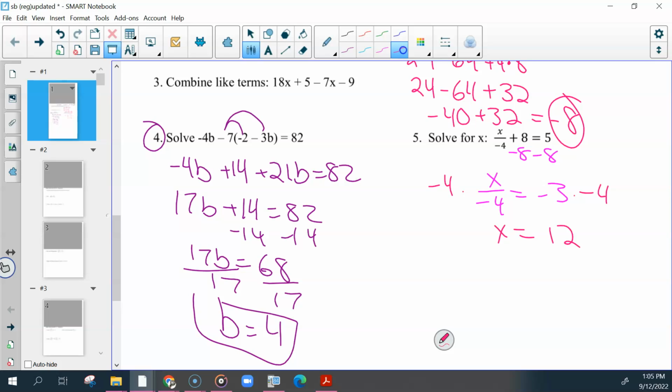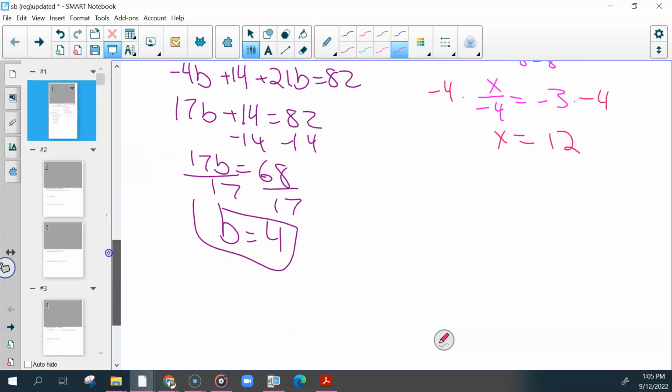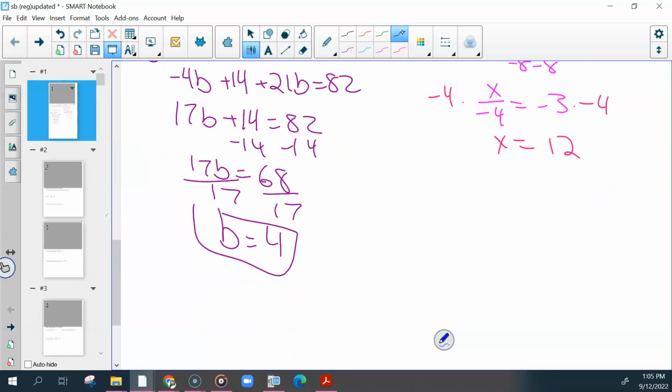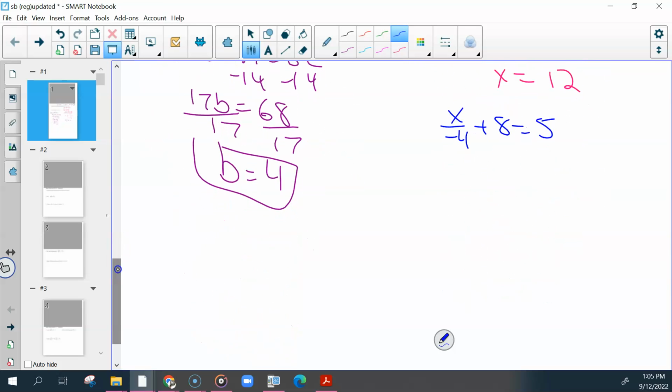Another way you could go about doing this, and you don't have to write this way down, is if we wanted to get rid of the negative 4 or the fraction in general, we'd have to multiply everything by negative 4.